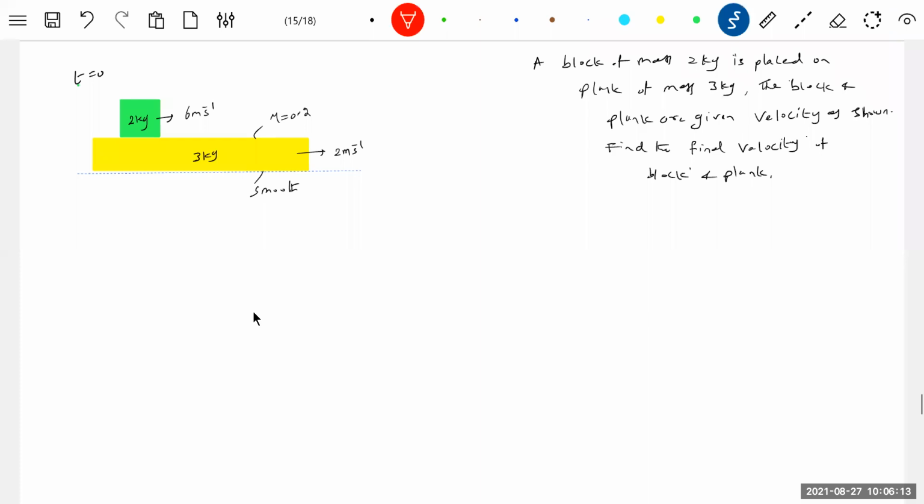I think we know that here the friction will act here. The friction will act here. Then finally, what are the sequences that will take place? Some very important concept is available, and that is what I'm trying to stress here. Otherwise, we know how to calculate that common velocity. Let me bring this.